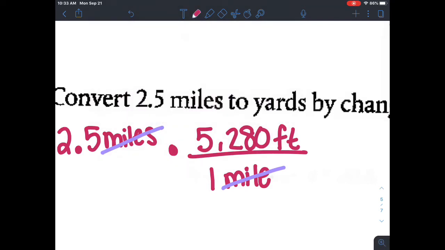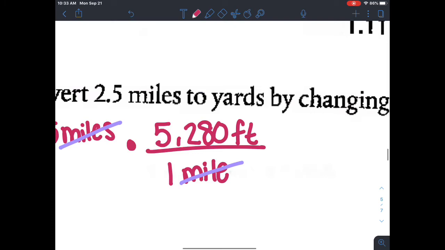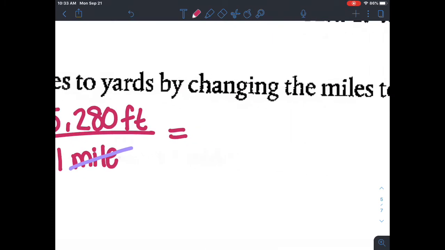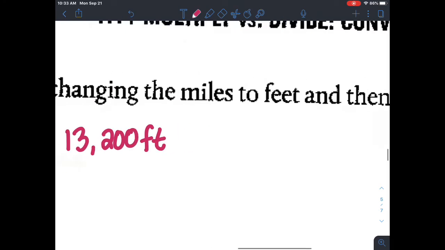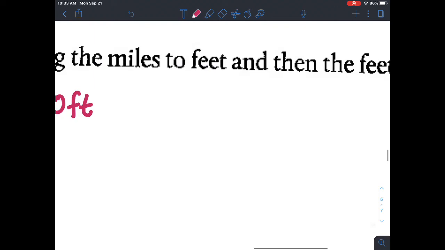And then you can either solve it like this and just get how many feet you have, or I'll solve it that way and then I'll show you the other way. So 2.5 times 5,280 gives you 13,200 feet. So we have feet and we need to go to yards.